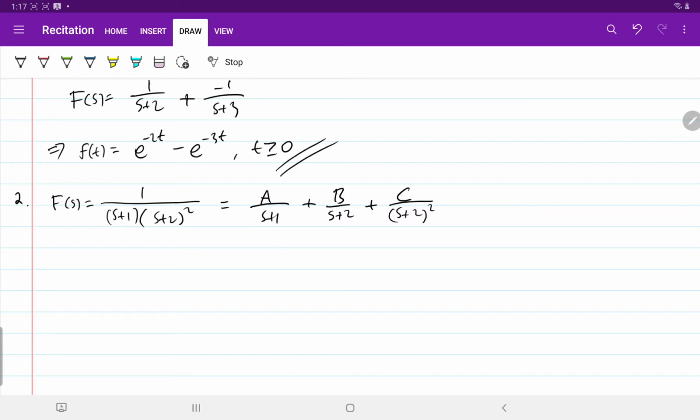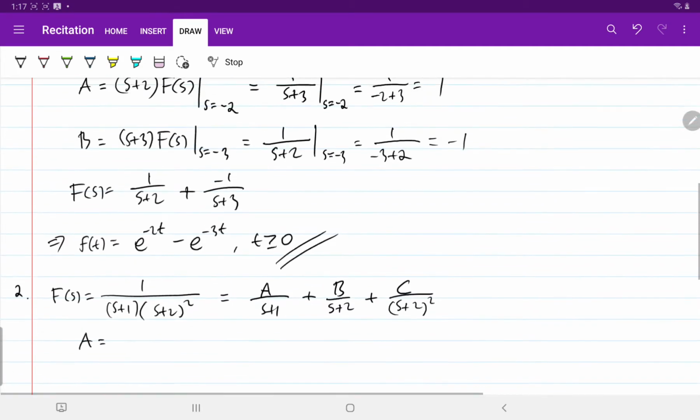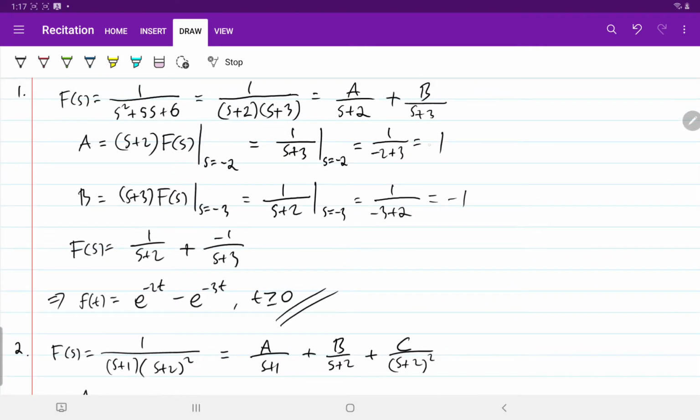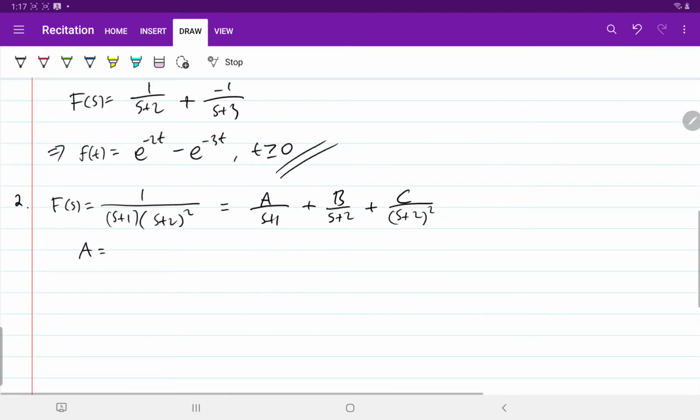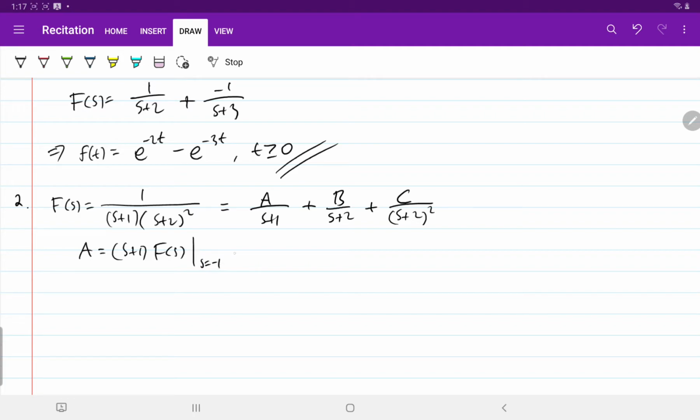Again, we need to find A, B, and C. For A, we can use the same step as in the first problem. You multiply s plus 1 to F of s, substitute s with minus 1. You have 1 over s plus 2 squared at s equal to minus 1, so A equals 1.